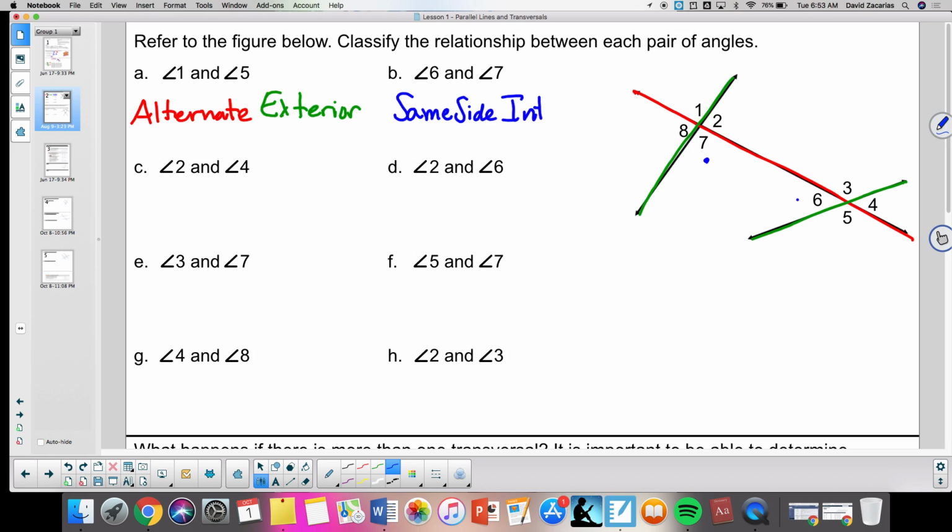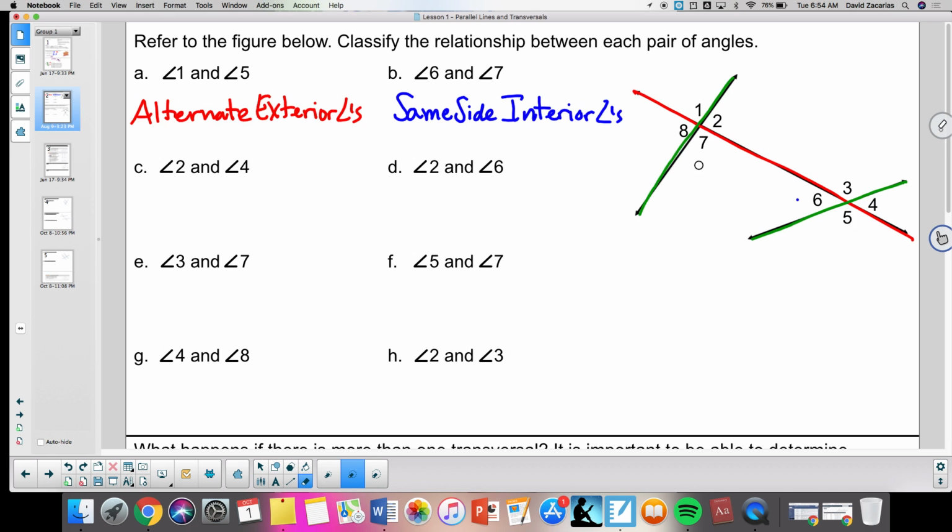So these are same side interior. We'll call them angles here. Should have done that here as well. Let me switch that up really quick. Alternate exterior angles. So for B, 6 and 7, those would be same side interior.